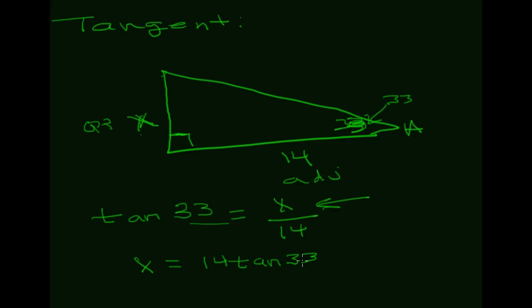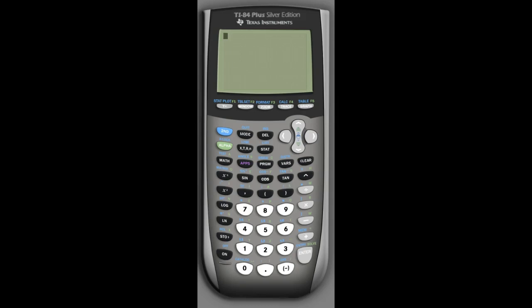But now we actually have a little bit of modern technology, so we're going to use a graphing calculator to do this. So let me bring up my calculator. Okay, so here's my TI-84 graphing calculator. Something I have to be aware of is that the default mode on the graphing calculator is not degrees.